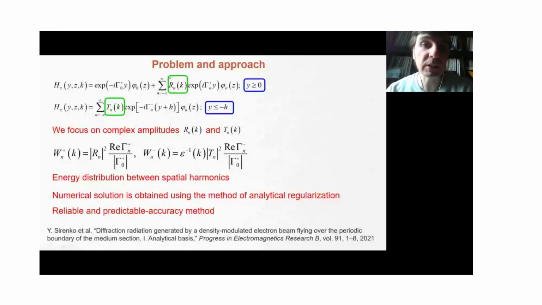So having these complex amplitudes in hand, we mainly concentrate on transmission and reflection coefficients, which are energy distribution between reflected and transmitted spatial harmonics.